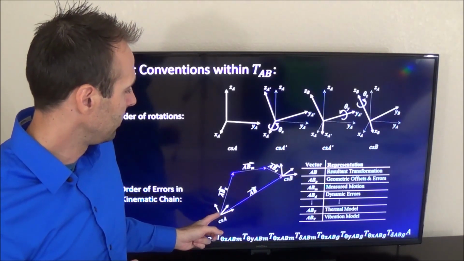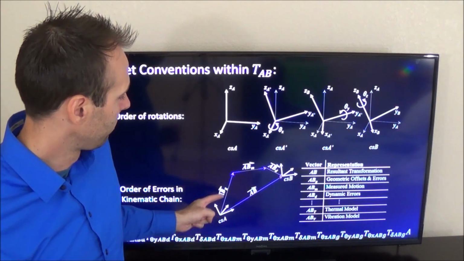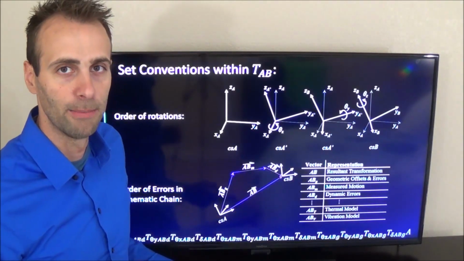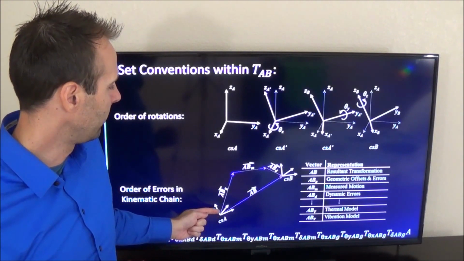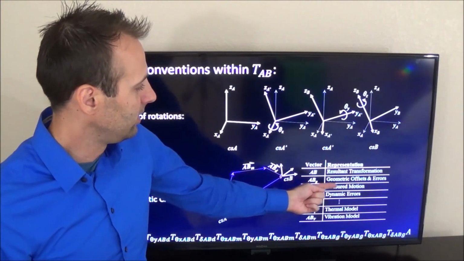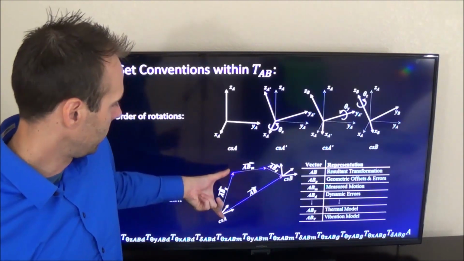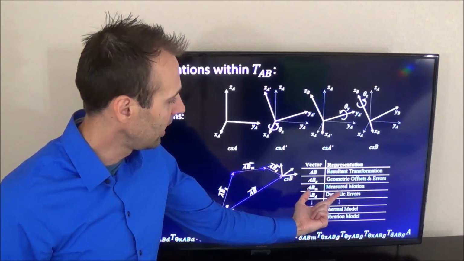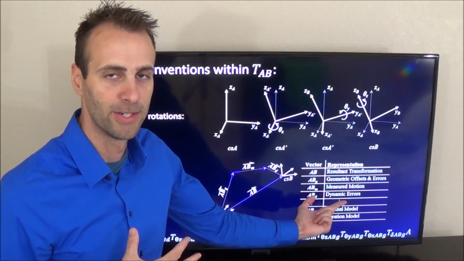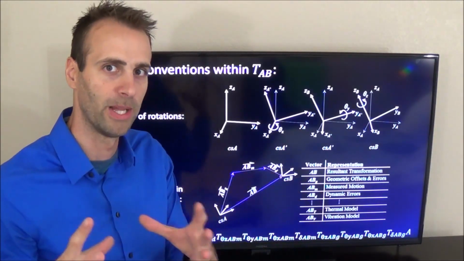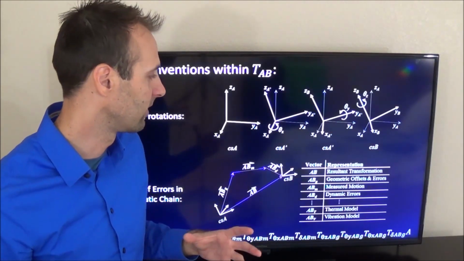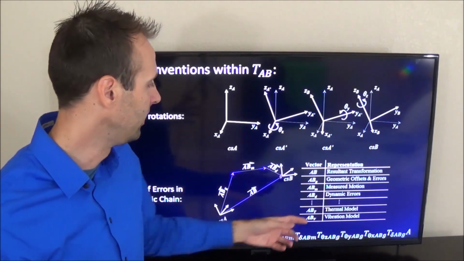But that really could mean that I'm going to go through this sort of more complicated path. That means that, well, I'm going to put in my geometric offsets and errors first, and then I'm going to say I'm going to essentially add my measured motion, which means that if I multiply in a certain way, it comes out that I add.